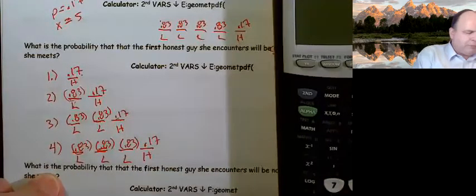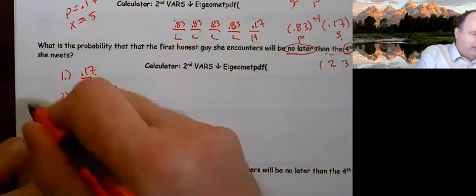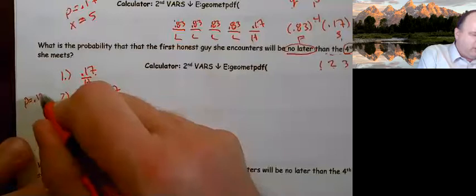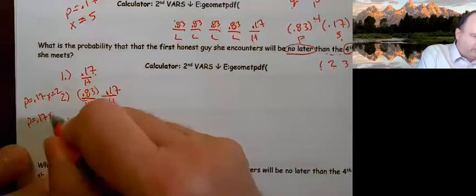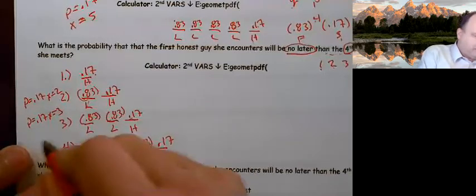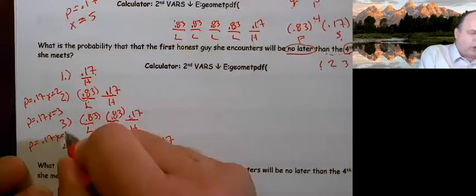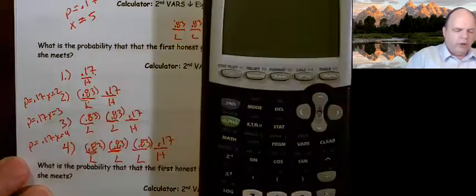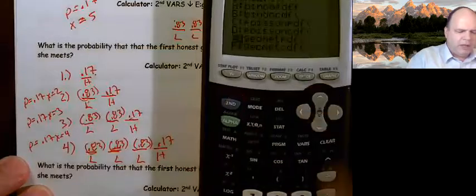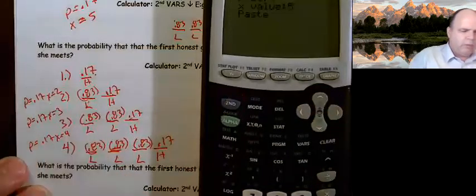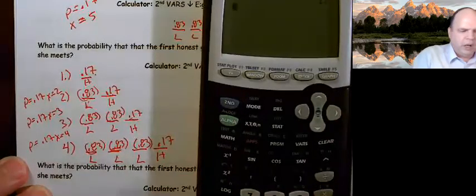But here we have P is 0.17, X is 2, P equals 0.17, X is 3, P equals 0.17, X equals 4. So I'm going to do each one of those. 2nd Vars, geometric PDF, beginning with the first one, 0.17, X is 1, and we get 0.17.